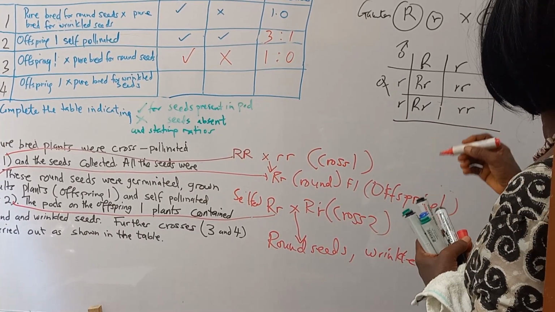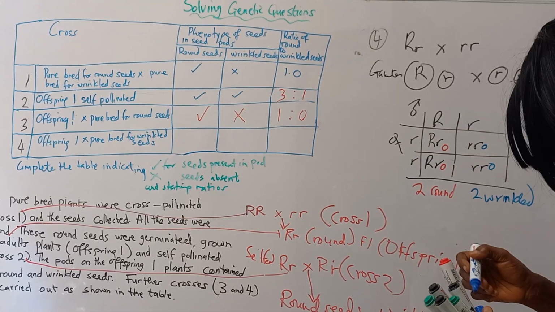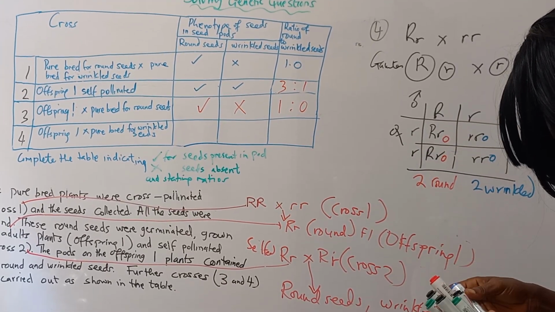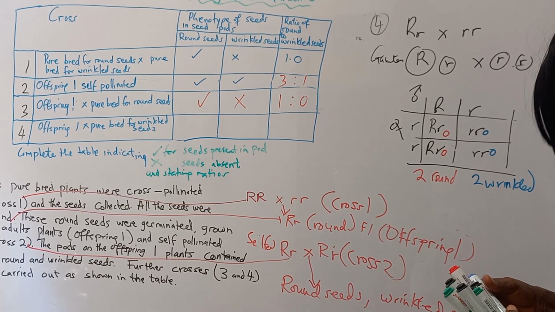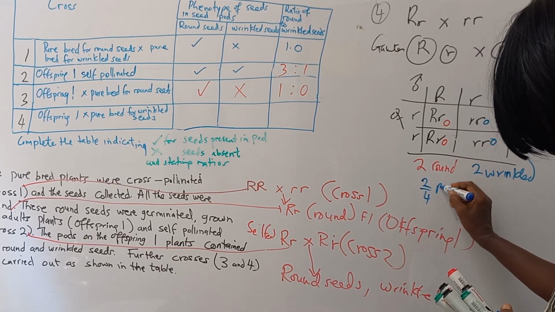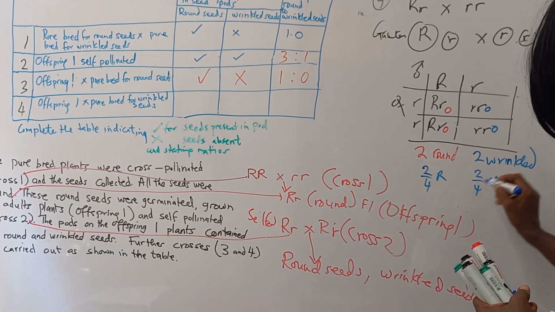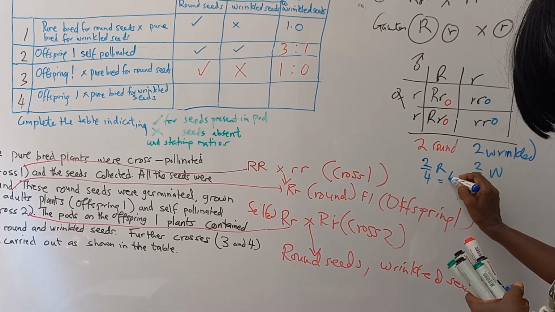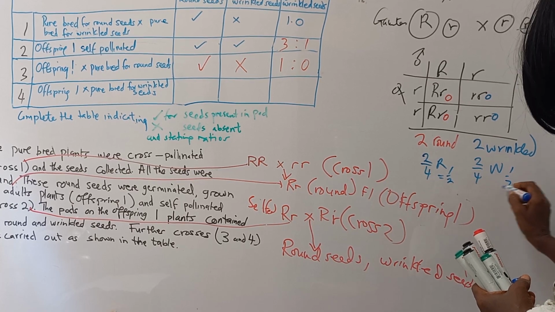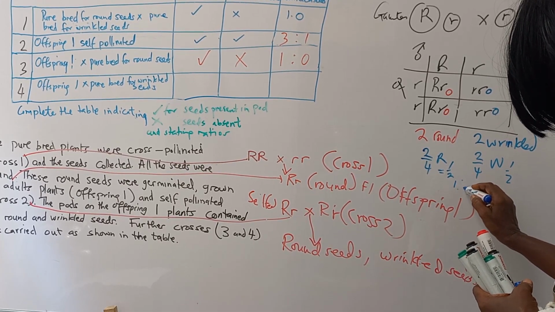So we have phenotype 2 round, 2 wrinkled, and we have 4 individuals from a cross. So the ratio of this will be 2/4 rounds. The ratio of this will be 2/4 wrinkled. So we have half here, half here. So in actual fact, the ratio is 1:1.